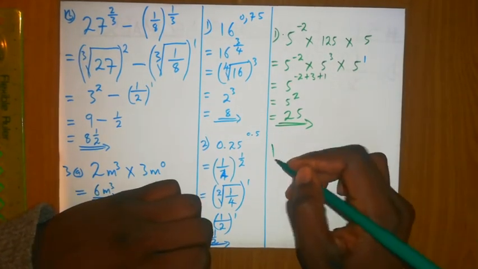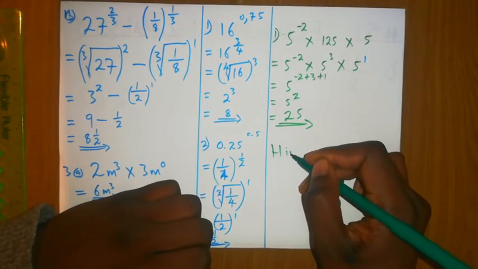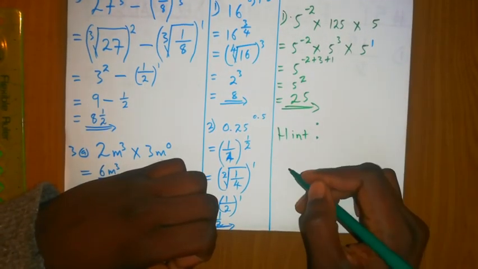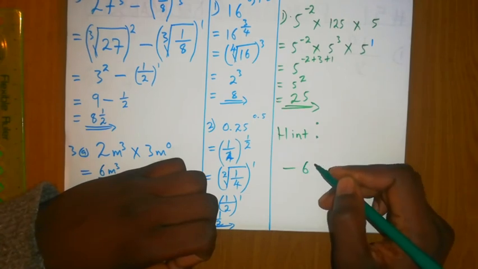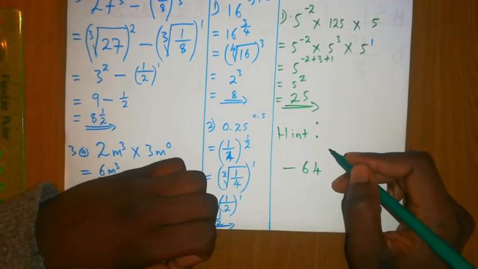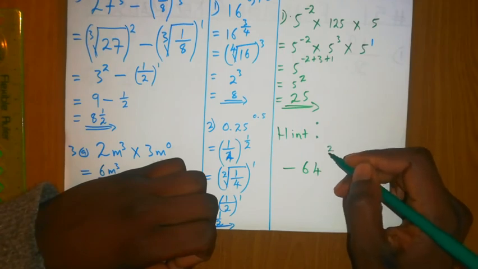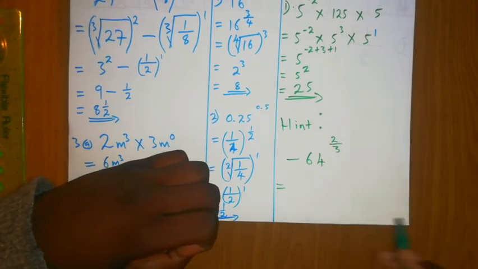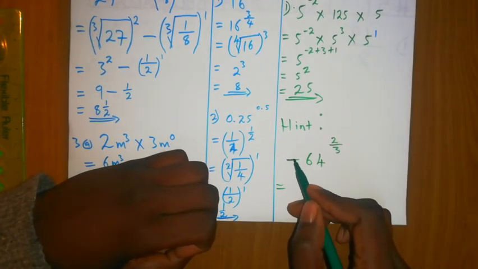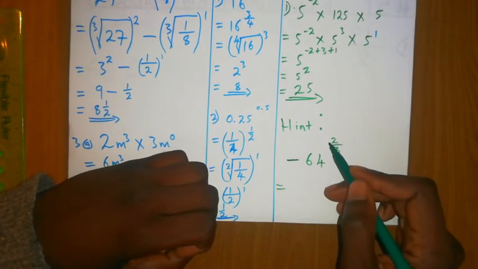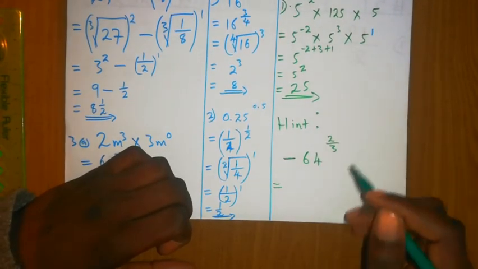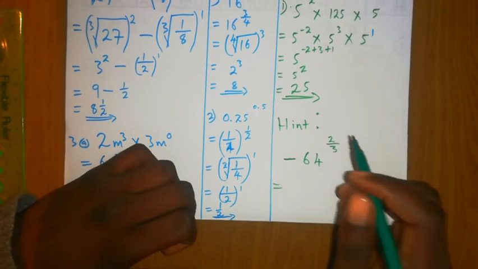So as a hint, take note of the following question: -64 to the power 2. That's equal to... In this case, this negative sign is on our base, not our power. So we will never introduce a fraction there.